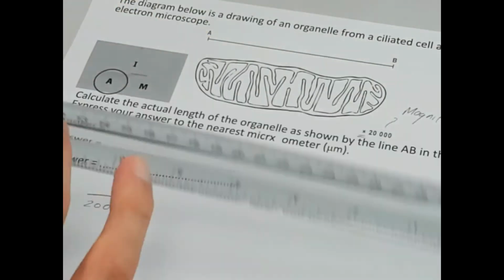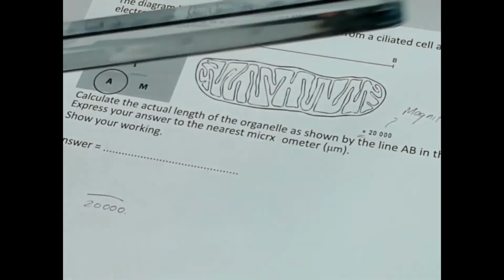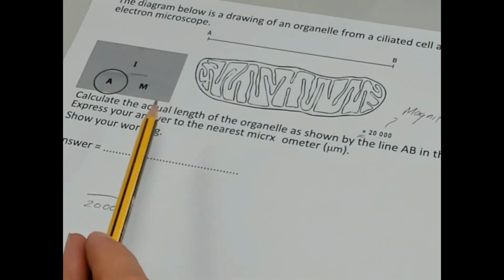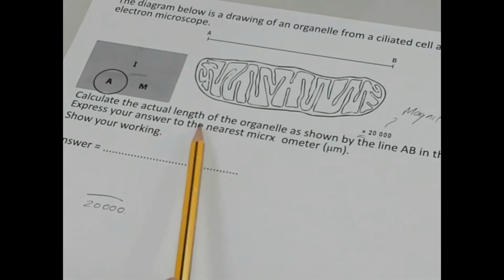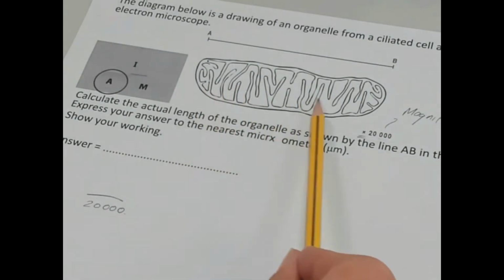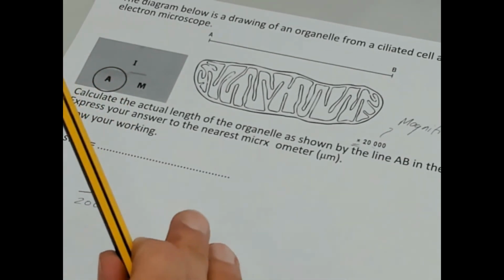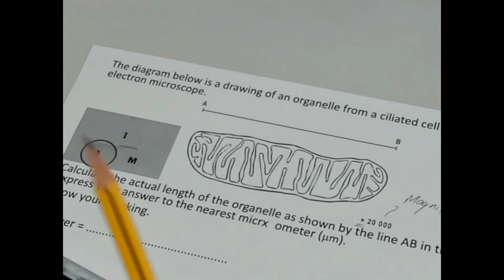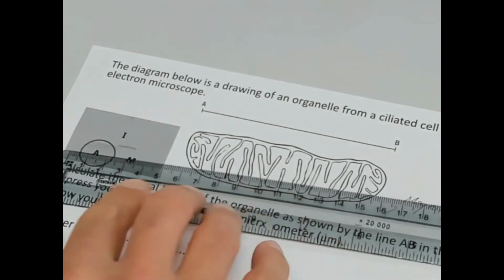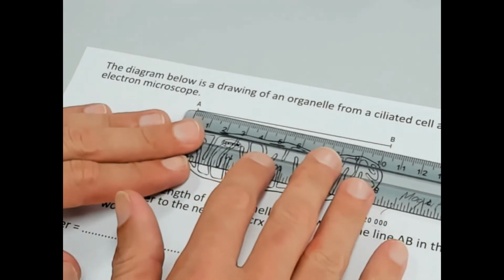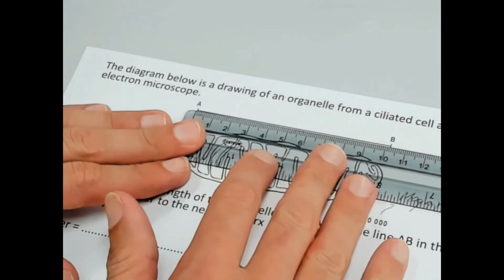That's what I'm going to measure with my ruler. Calculate the actual length of the organelle. So it's asking me for the length of this organelle. That's the line AB. So I take my ruler, I'm going to try to get this a little bit closer to you. Take my ruler, put 0 on the beginning of this line, and I can see this measures to about 10.2.